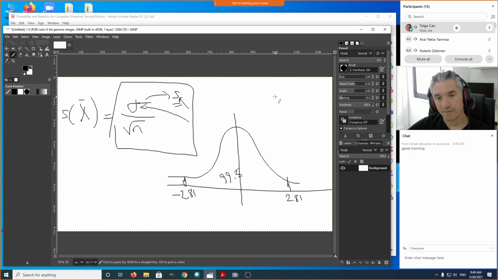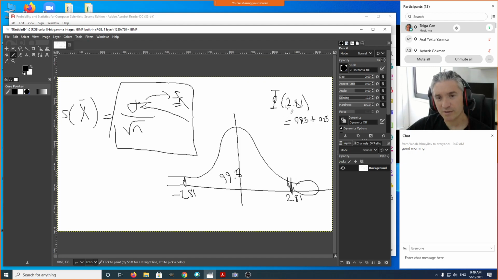The phi, the cumulative distribution for 2.81, is equal to 99.5 plus something. If I say 99.5, it's not correct. So half of the area is to this side. So 99.5 plus 0.25, right?